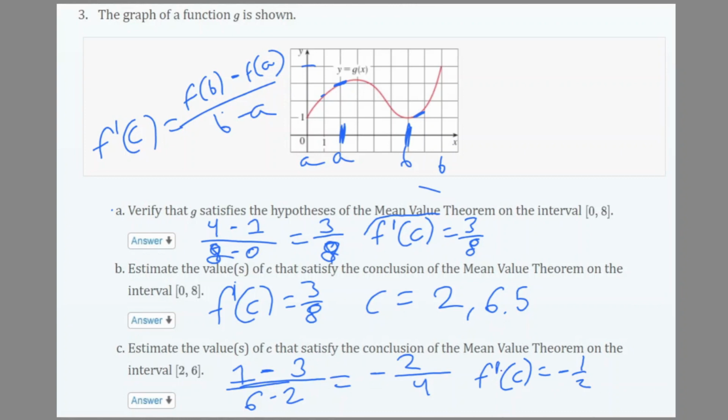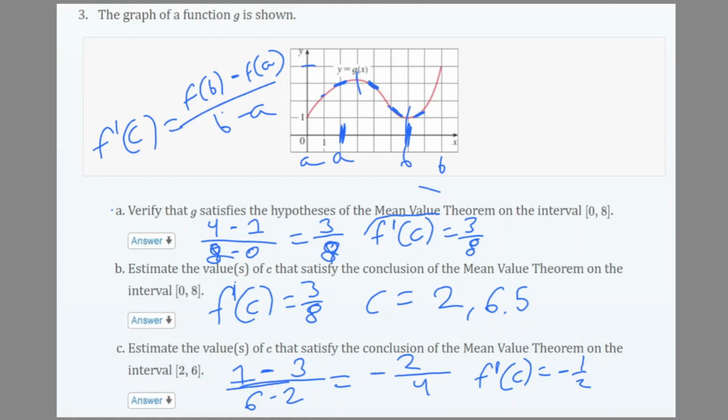And now what we need to do is estimate the value in which the slope of the graph is negative 1/2. So the only place at which the graph's decreasing is right here. So it has to be within this interval right here. So I would say the graph is at a slope of negative 1/2 around here and around here. It definitely hits it twice.